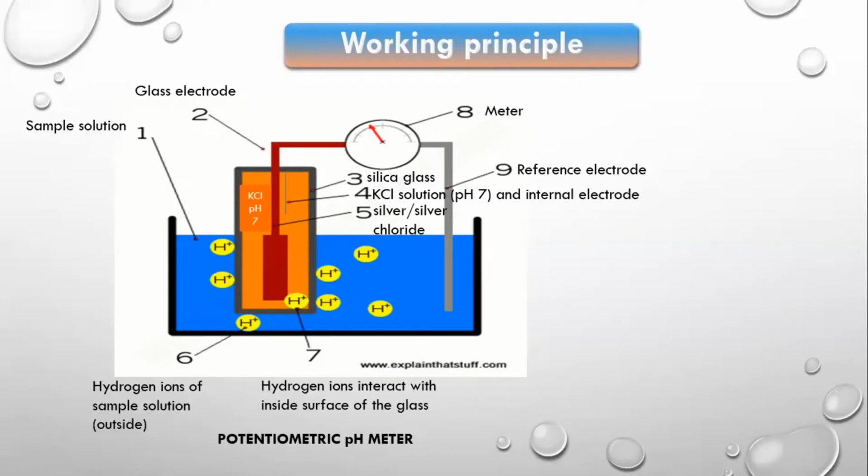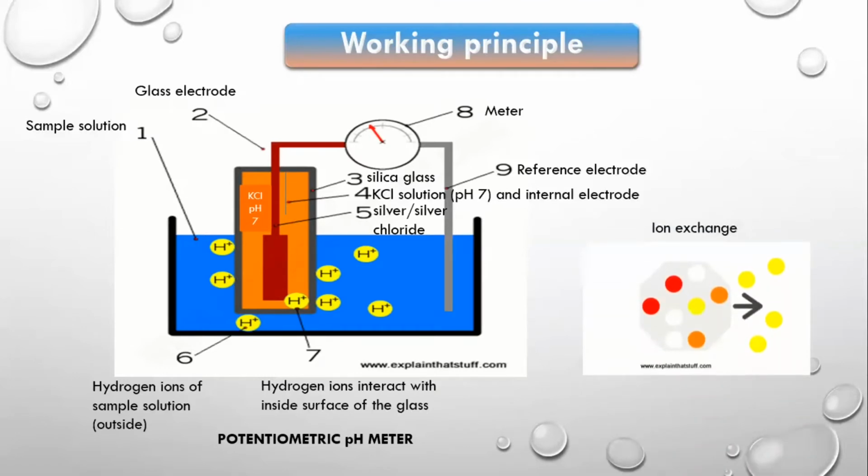This ion swapping process is called ion exchange, and it's the key to how a glass electrode works. Ion swapping also takes place on the inside surface of the glass electrode from the orange solution. The two solutions on either side of the glass have different acidity, so a different amount of ion swapping takes place on the two sides of the glass.